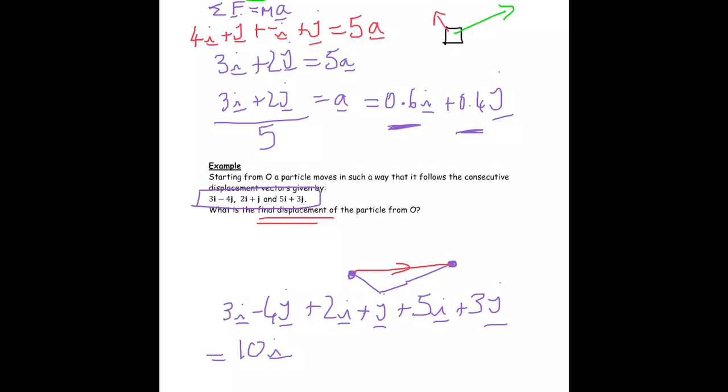Yes, because it's going to go down 4, and then up 1, up another 3. So it'll just be 10I. All in all, it'll just be across 10 to the right from where it started.